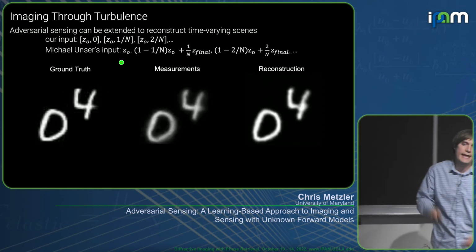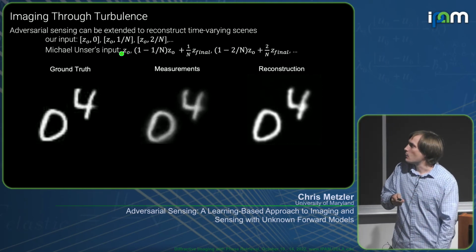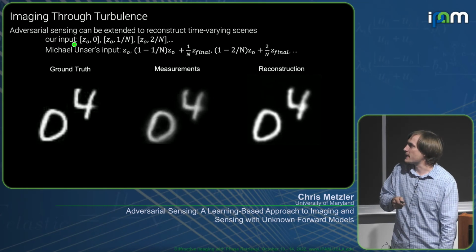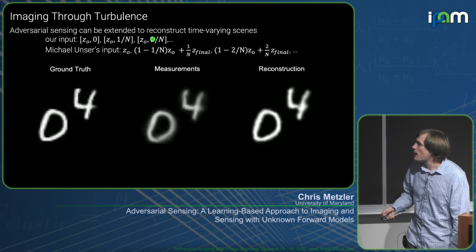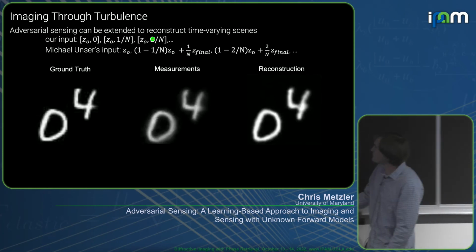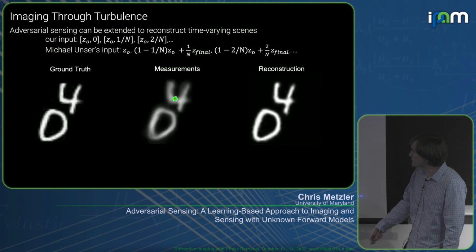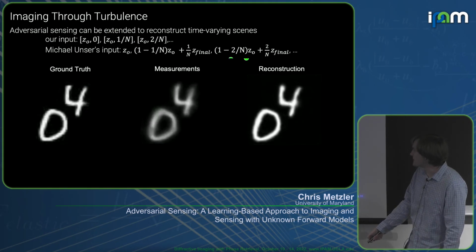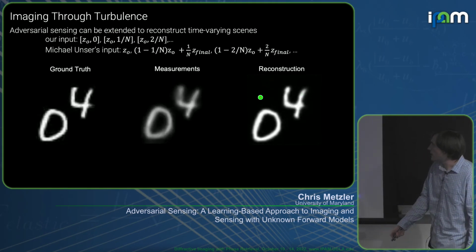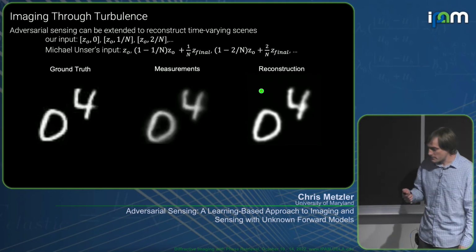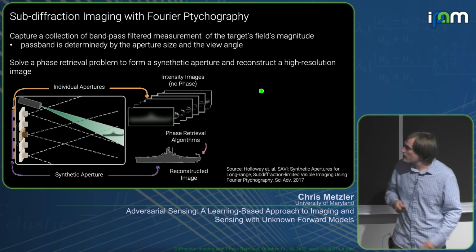Alternatively, you can just concatenate an additional channel which has the timestamp: timestamp of 0, timestamp of 1 over n, timestamp of 2 over n, up to 1, and that allows you to reconstruct this scene from this sequence of measurements. Although you'll note there are quite a few motion artifacts. All right.